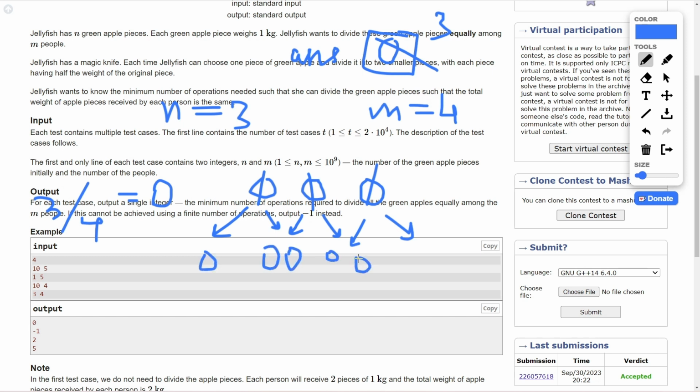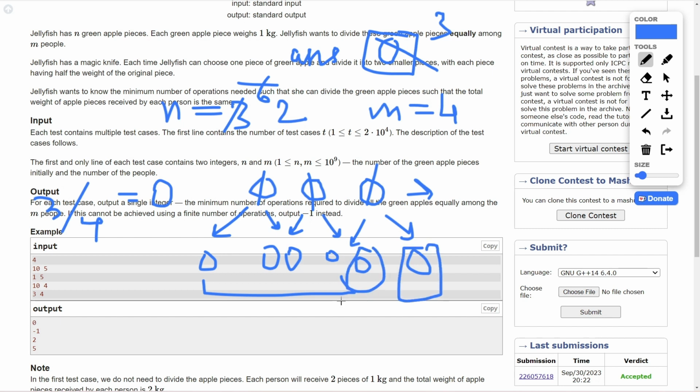Out of these 6, can we give anything to these 4 people, like wholesome pieces? Yes, we can. We can give these 4 pieces. So initially we had n equal to 3, we went to n equal to 6, but 4 pieces we can give. So 6 minus 4, we can go down to 2. Now we have two of these left.